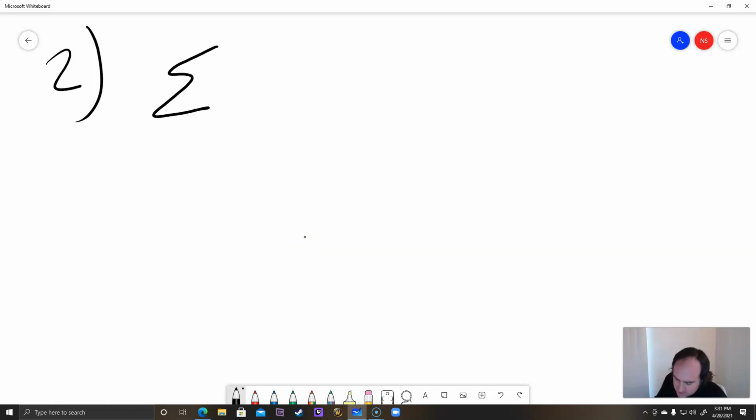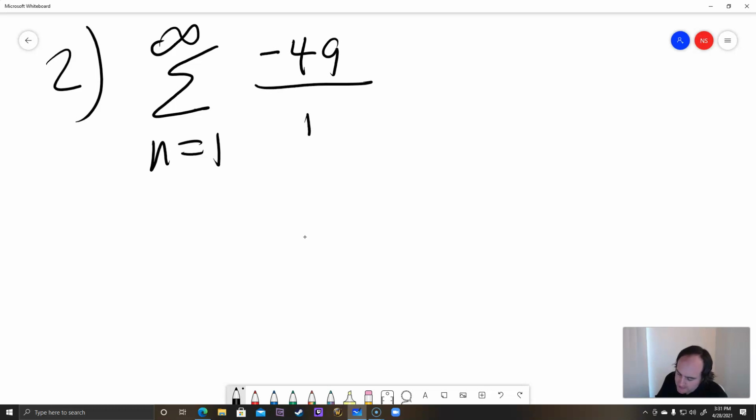So number 2 is going to be the sum from n equals 1 to infinity of -49 over n to the 3. Okay, the sum from n equals 1 to infinity of -49 over n cubed.